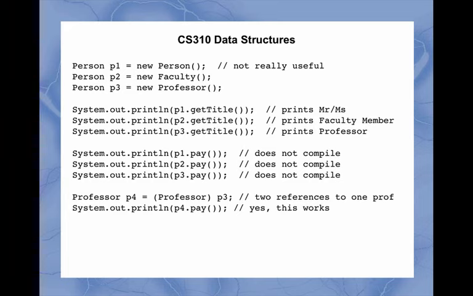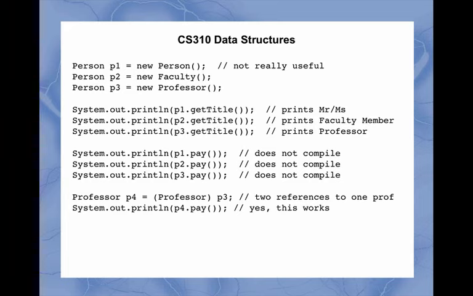Superclass or base classes can point to derived classes. So the left-hand side here is important. The reference on the left-hand side can point to any of its descendants. So a Person reference can point to a Person, a Faculty, a Professor, a Student, any of the people in that inheritance chain.